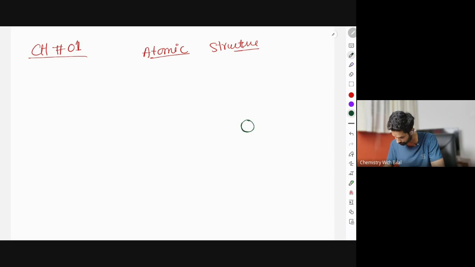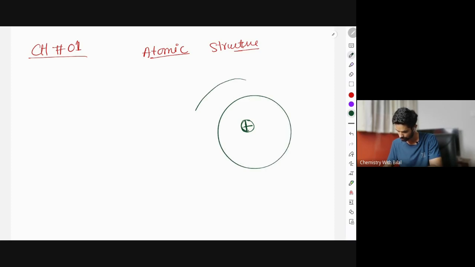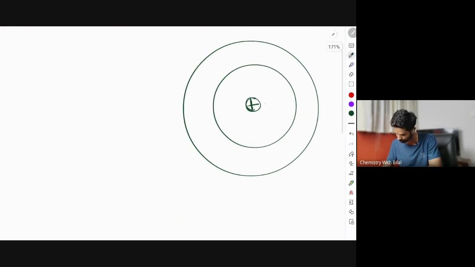We know that an atom has a positive center called the nucleus, and there are circular orbits around the nucleus known as shells, right? So the central part of the atom is called the nucleus. This is the nucleus.